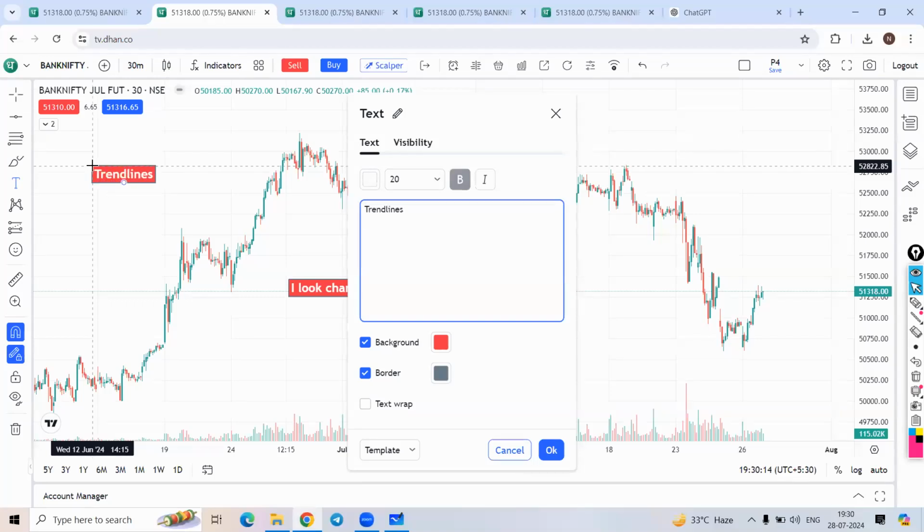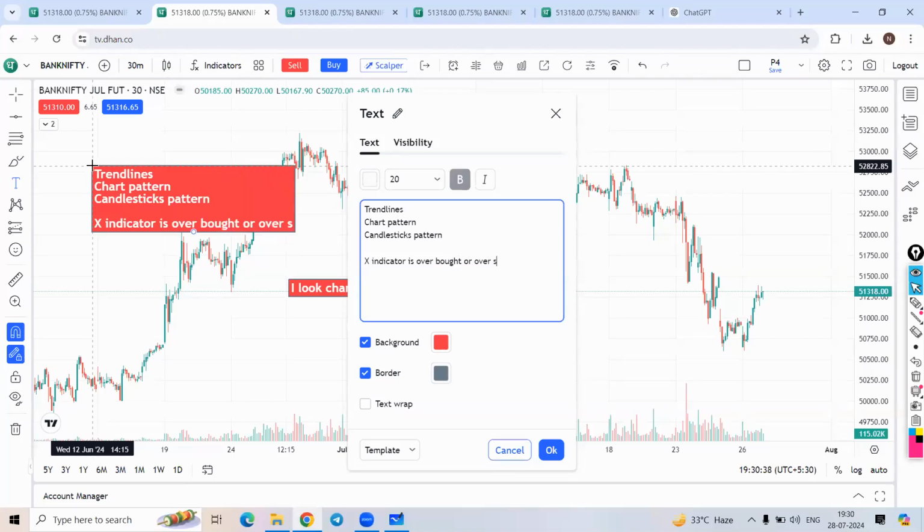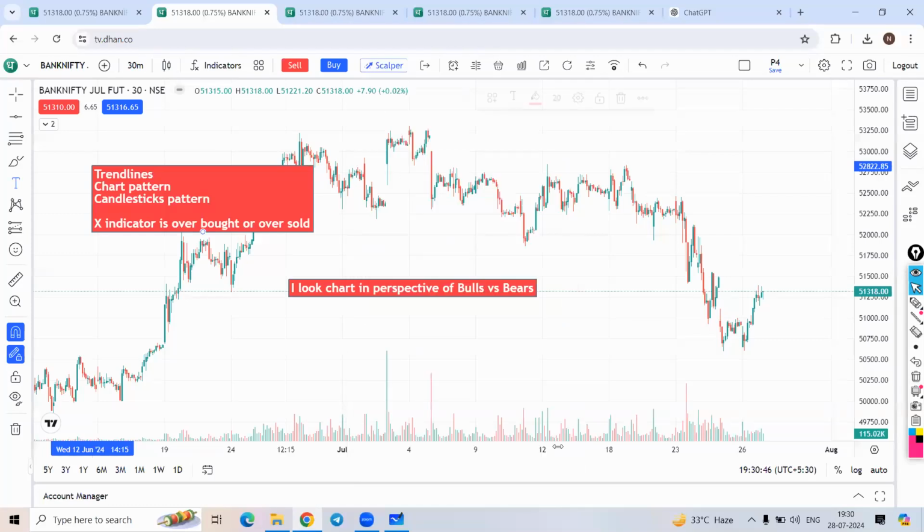I don't look at it in the perspective of chart patterns, candlestick patterns, or whether an indicator is overbought or oversold. Okay, because what I am doing is index trading. All these activities I don't do.